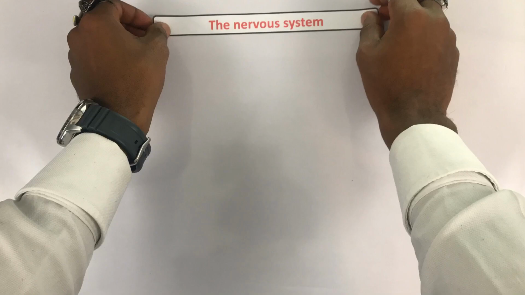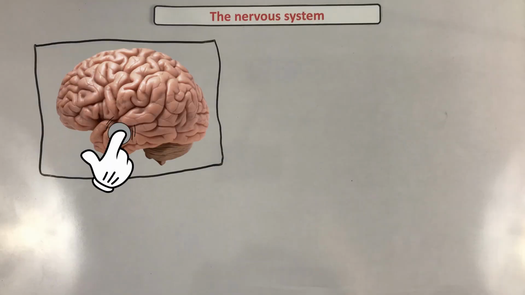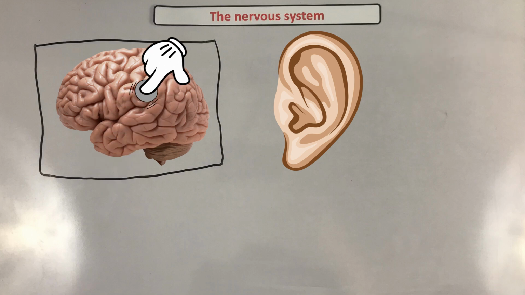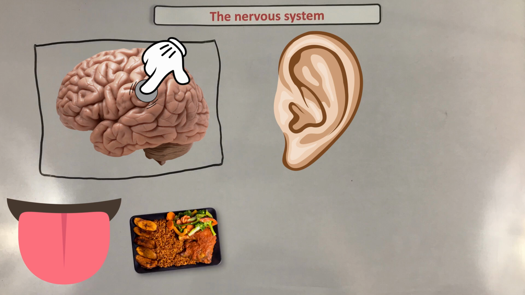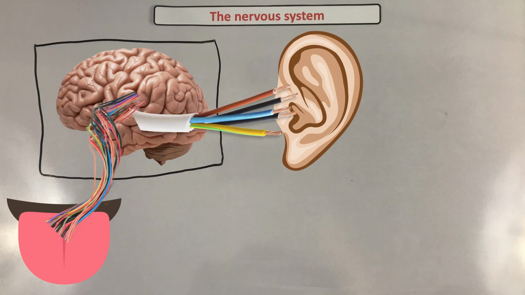Now, if I was to place you in a dark room and stimulate this part of your brain, you hear things even though there's no sound in the room. And if I stimulate this part, you taste things even though there's nothing in your mouth. Now, if we follow these connections from the taste center and auditory center in your brain, we see that these cells end up being connected to your tongue and ears respectively.